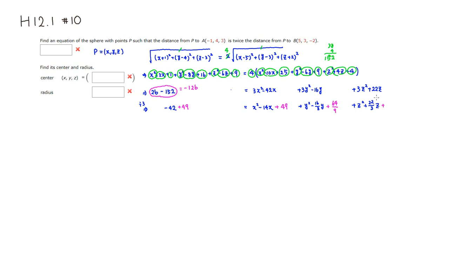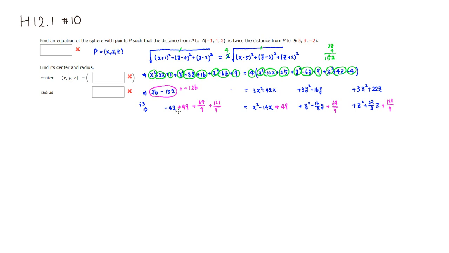The last one, half of that is 11 over 3, so square that: 11 times 11 is 121, and 3 squared is 9. So we need to add 64 over 9 and also 121 over 9.